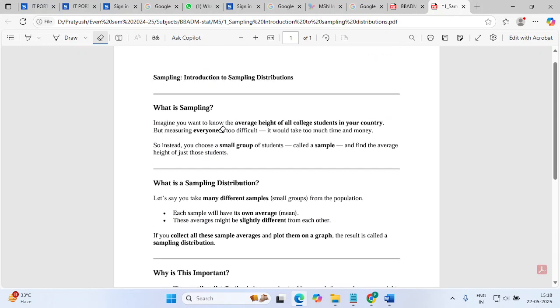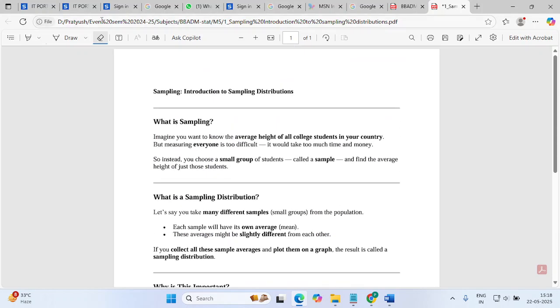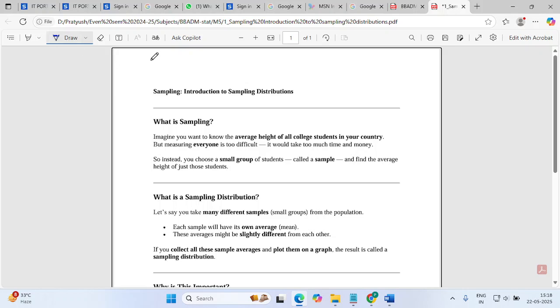Another reason why we do sampling is, let's take an example of a factory. Let us assume that the factory is making some material which needs to be very strong. For example, let us assume we are building security doors. Security doors help you remain secure from people who want to steal from you.